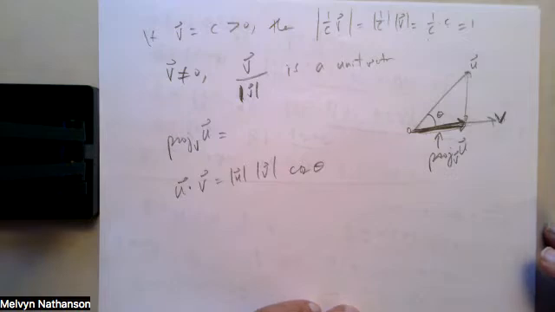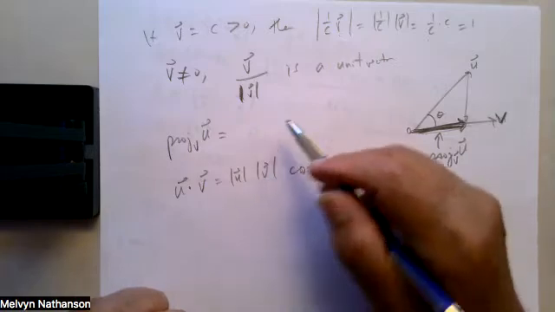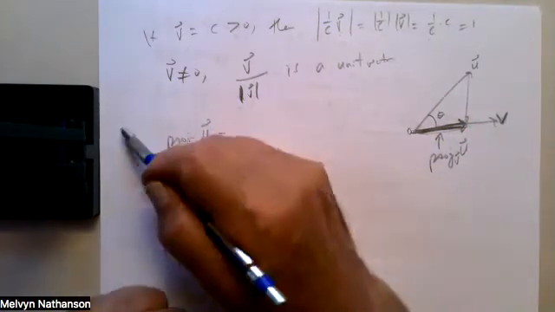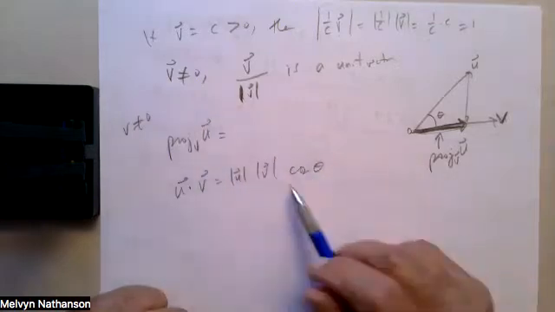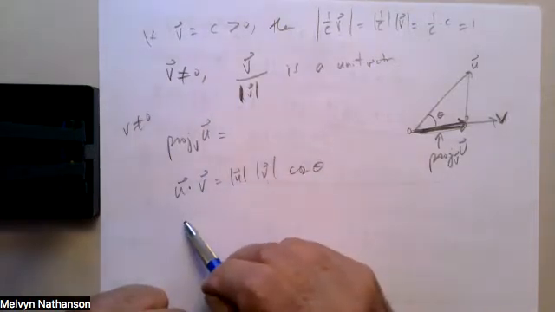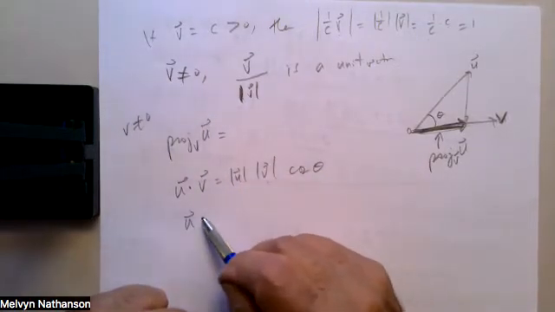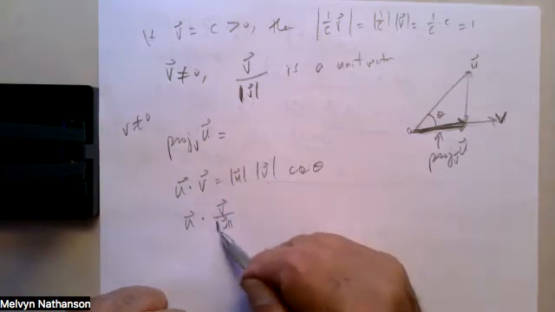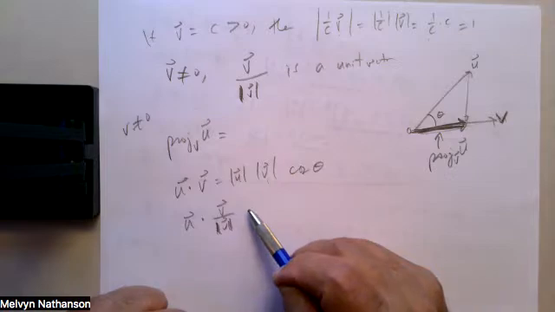And if I divide, I want to make sure u and v are non-zero vectors. So v is not zero, so the length of v is positive. So if I take the dot product of u with v divided by its length, I'm just dividing this equation through by the length of v.